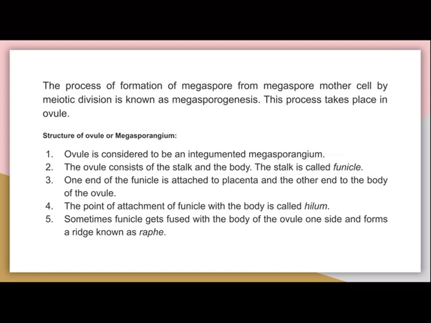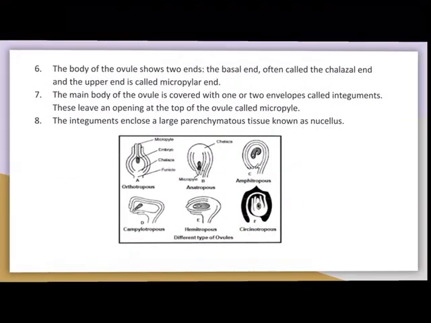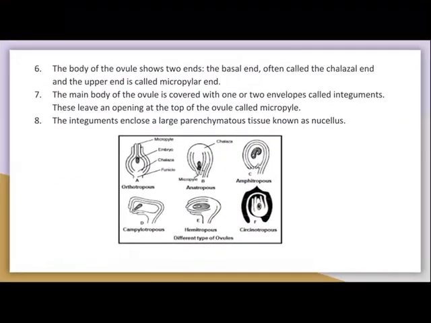The integument encloses a large mass of cells which are parenchymatous in nature. Those parenchymatous tissues are called the nucellus. There are different types of ovule based on the position of the micropyle. When the micropyle is up, it is called orthotropous.